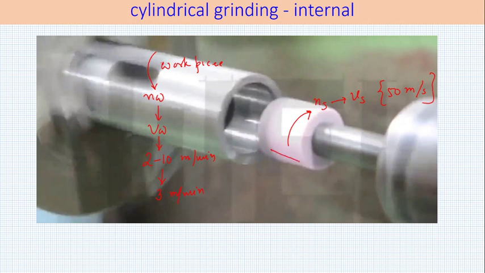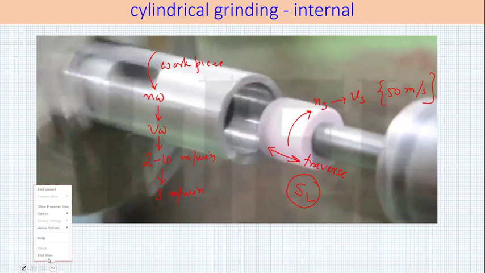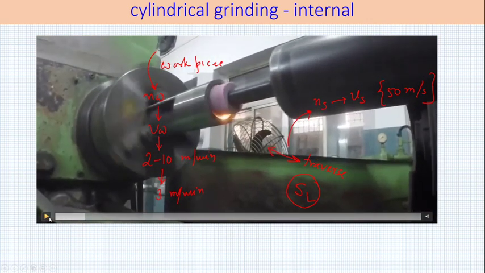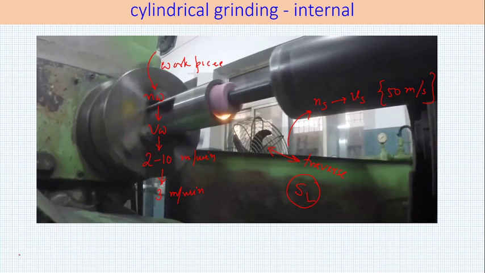Further, as you can see, this was reciprocating in this direction. So this is the transverse motion giving rise to the longitudinal feed SL. And you must have seen that sparks were coming out. So there must have been an engagement between the workpiece and the wheel, at this particular surface.